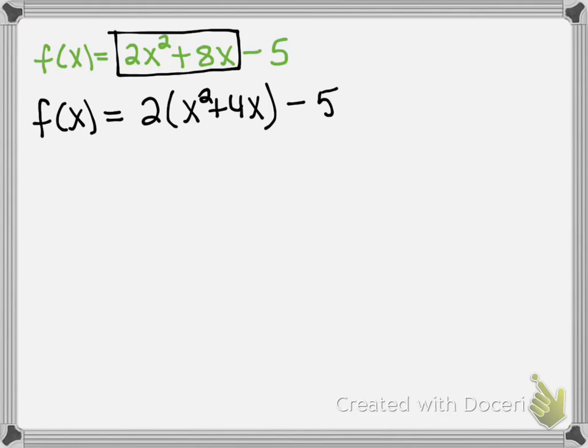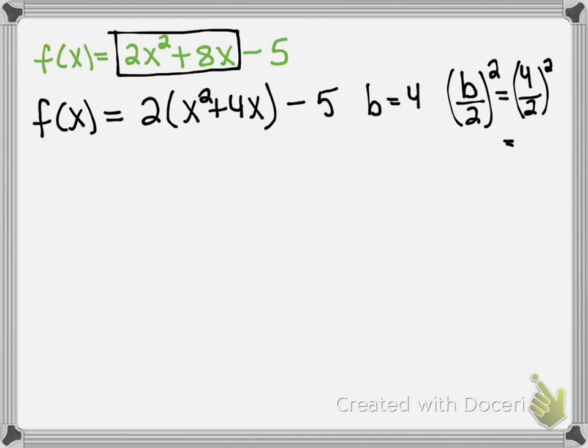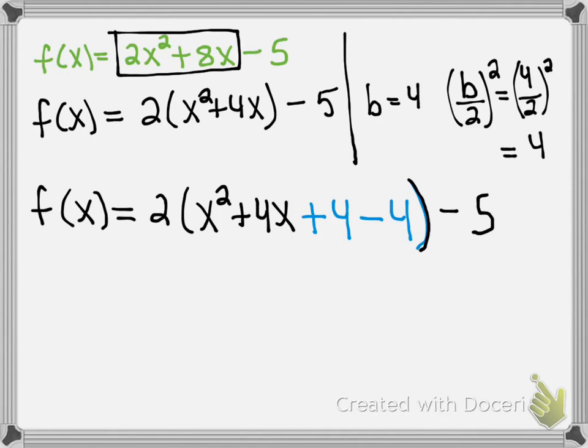The value of b in this example is going to be positive 4, so b over 2 squared is now 4 over 2 squared, and 4 divided by 2 is 2, and 2 squared is positive 4. So inside the parentheses you can add 4, and again you must subtract 4. We need to add in 2 terms whose net sum is 0.